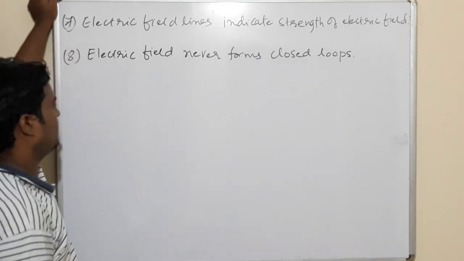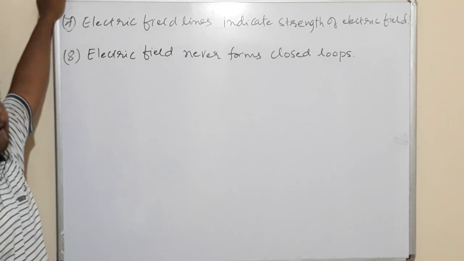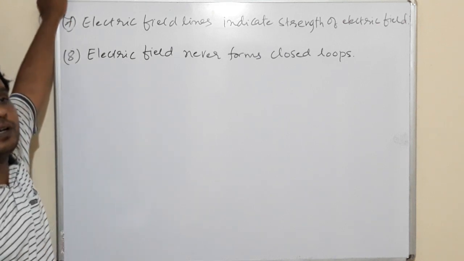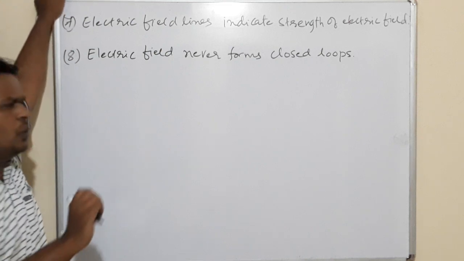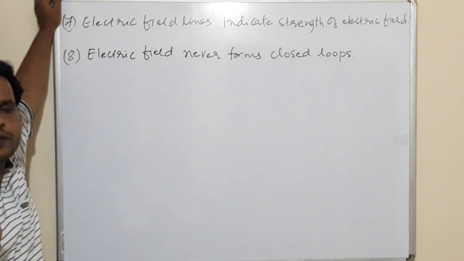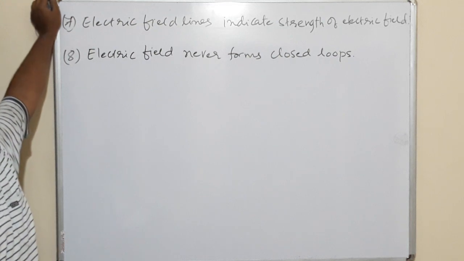That means using these lines we represent the field. I told you in the beginning itself, these electric field lines do not have any real physical existence. Electric field lines are geometrical constructions made just to interpret the electric field in a particular region.